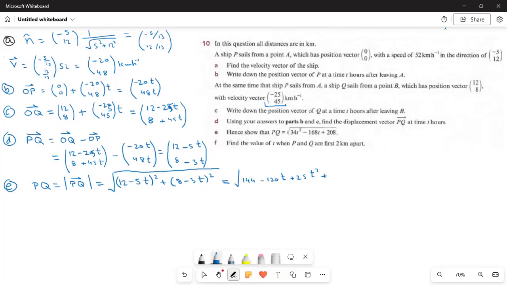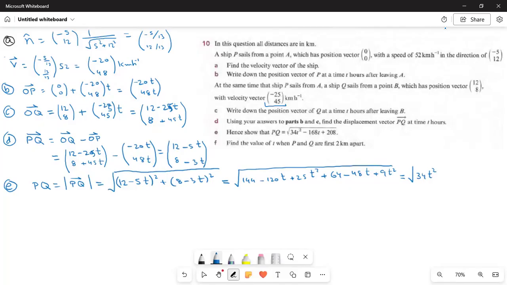And next is 64 minus 48t plus 9t squared. Am I right? 25t squared plus 9t squared is going to be 34t squared.